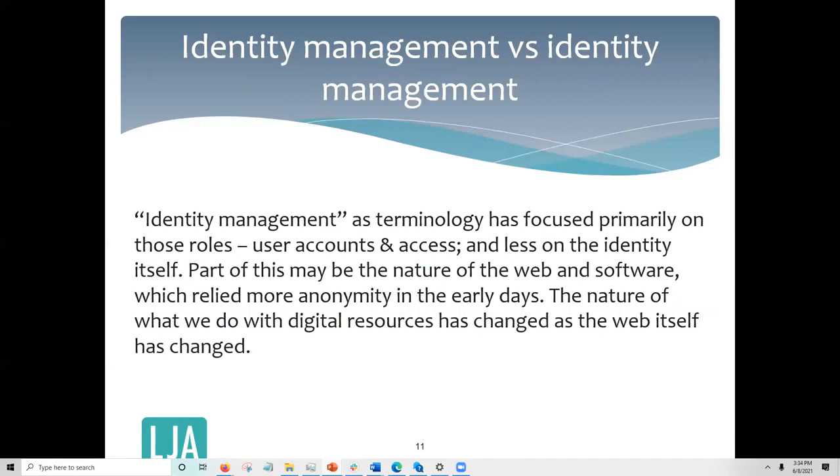So, as I mentioned, it has traditionally been focused on roles, user accounts, and access, less on the identity itself. And this is the piece we're really starting to talk about, not only in terms of privacy, but in terms of the terms of service being more transparent for people to be able to opt in or out of things. Am I going to be tracked on the web? I should be able to opt out of that.